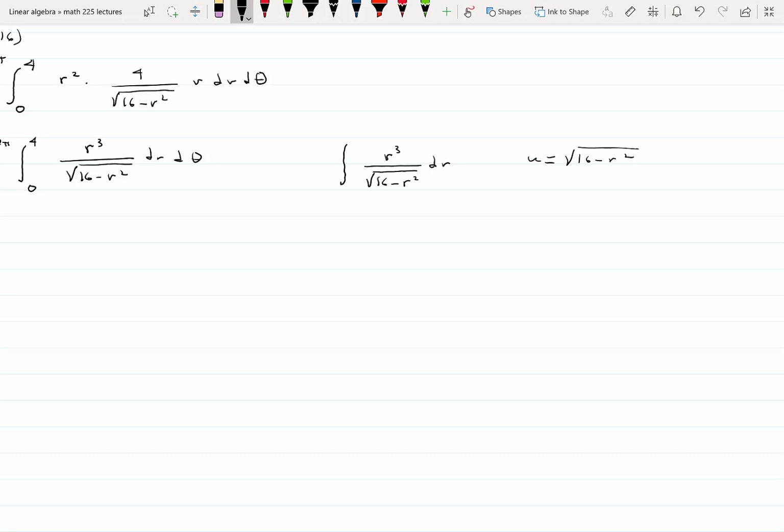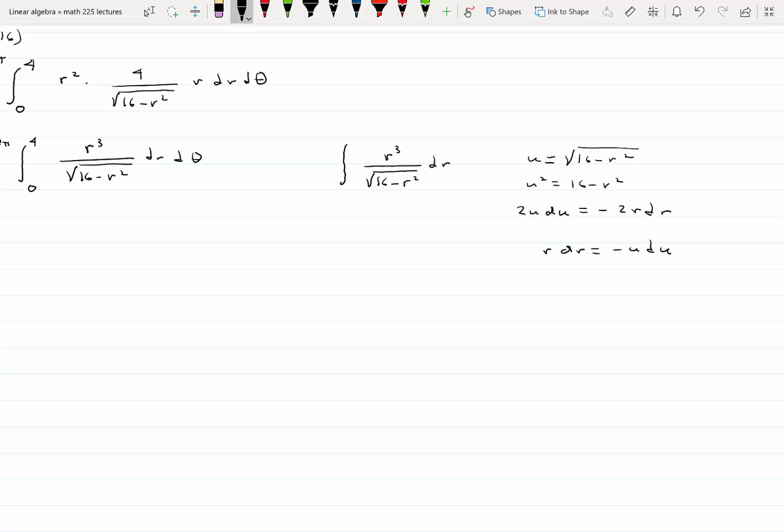But I'm not going to find du right away. I'm going to square to get u squared equals 16 minus r squared. Then I'm going to find the differential of both sides. So the differential of u squared is 2u du equals minus 2r dr. So r dr equals minus u du.